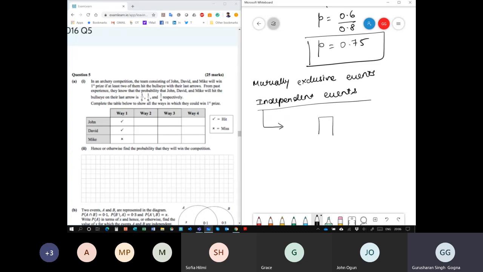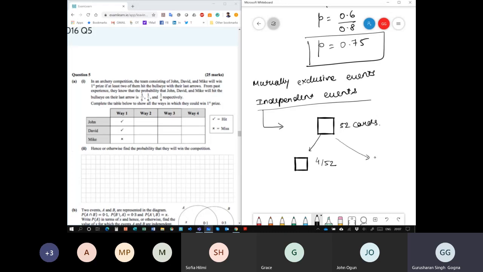So I gave you a simple example last time that if you have 52 cards, and you want to take one card out of this, and I want to say what is the probability of, let's say, getting a jack. So you will say 4 over 52, isn't it?